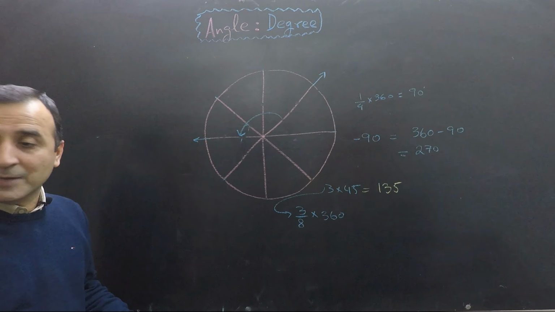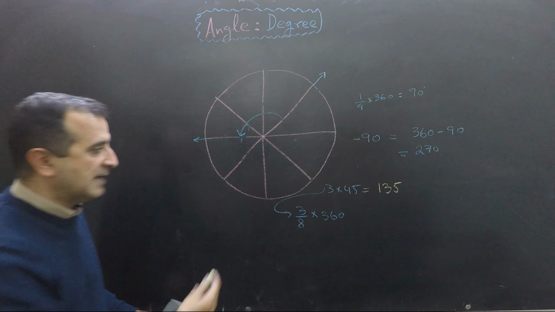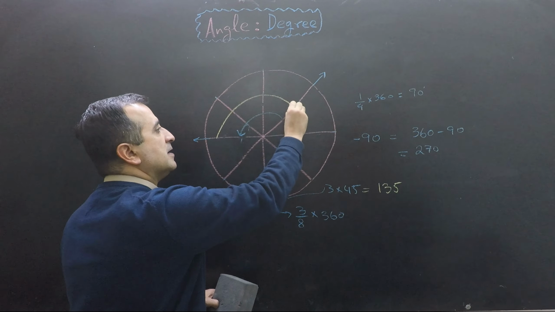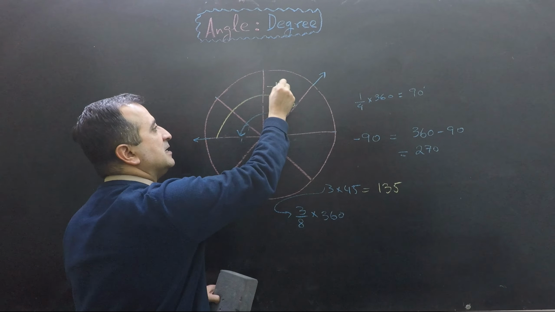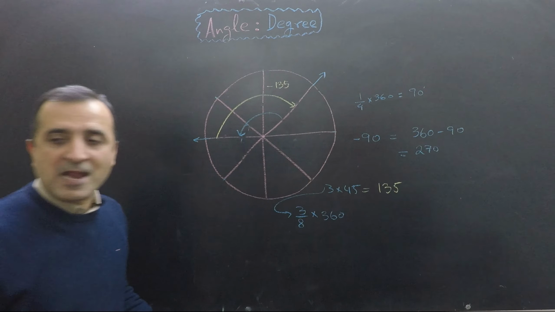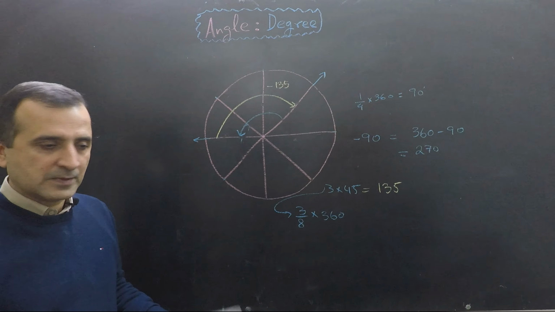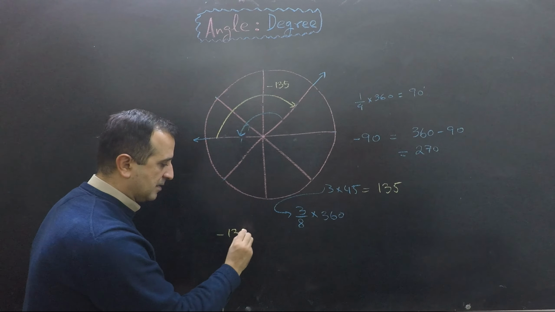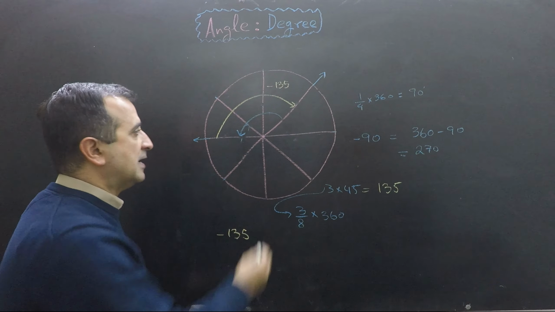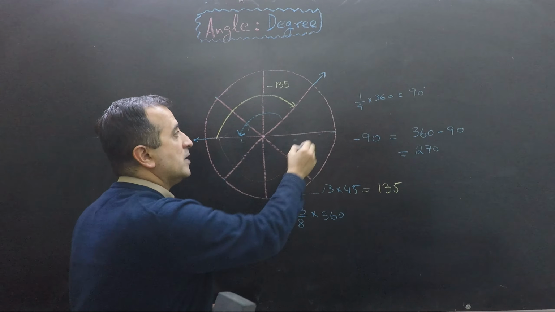But I also want to write it in positive terms. So I say the angle from here to here is minus 135, but I want to write this angle in positive terms. How can I write it? Minus 135 is equal to what? Because I can also measure the angle from here to here, which is positive.